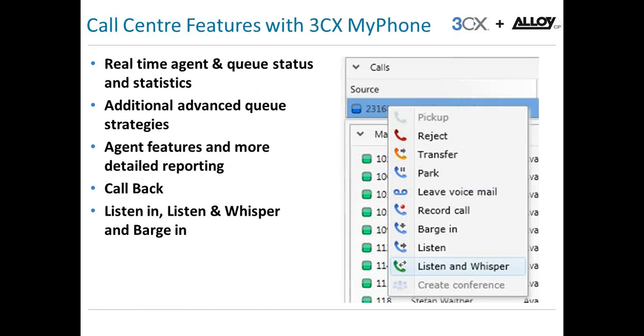As I mentioned, the call center features, just some of the stuff available in this 3CX system includes a real-time agent and queue status and statistics. You know, that's pretty mandatory.